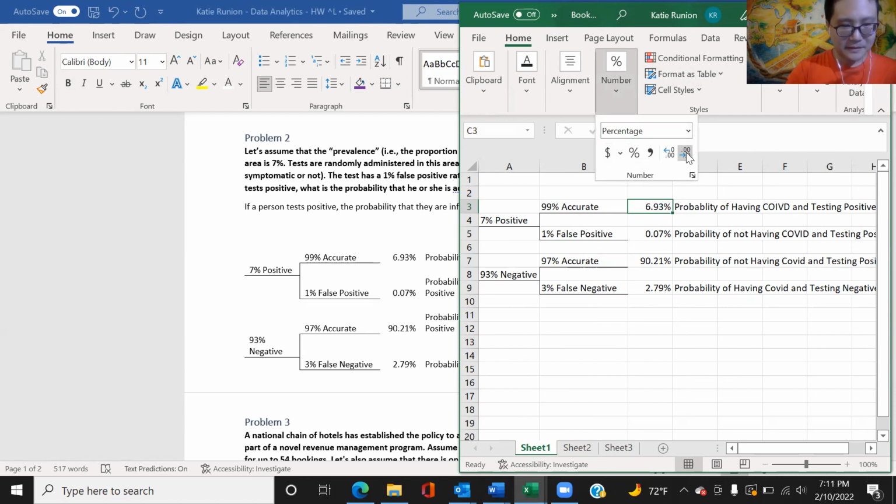So let me re-examine this. Okay, so we know the prevalence is 7%, and we know the false positive rate and the false negative rate. So that also gives us the true positive rate and the true negative rate.